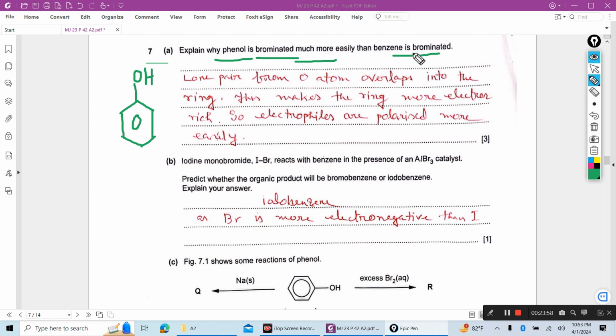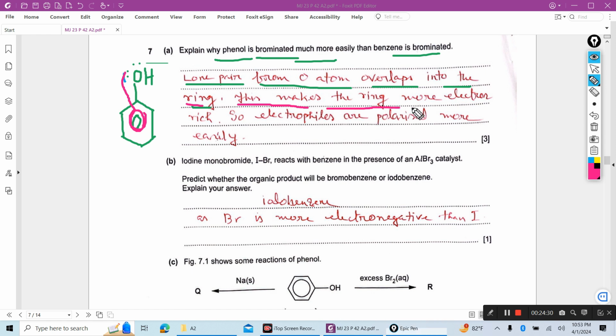Why, compared to benzene? You see, oxygen has two lone pairs. The lone pair from the oxygen atom overlaps into the ring.